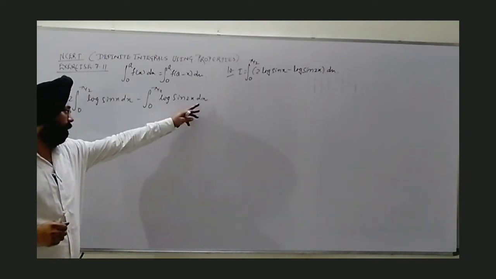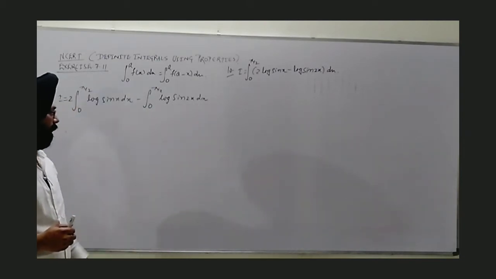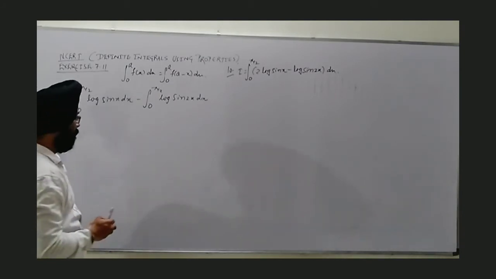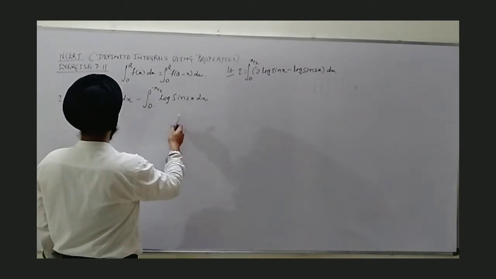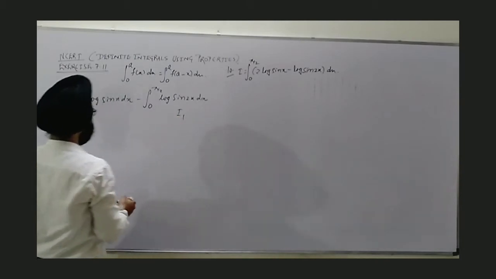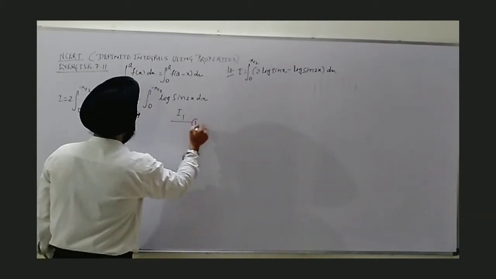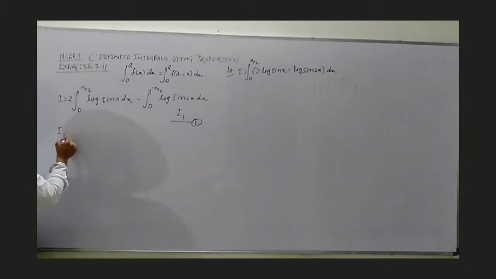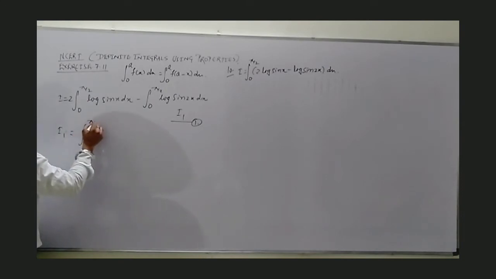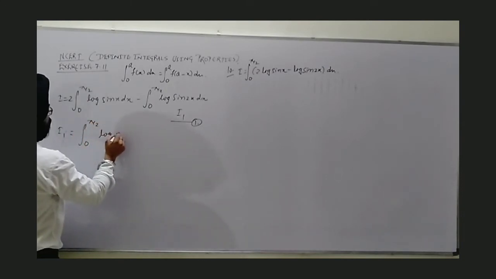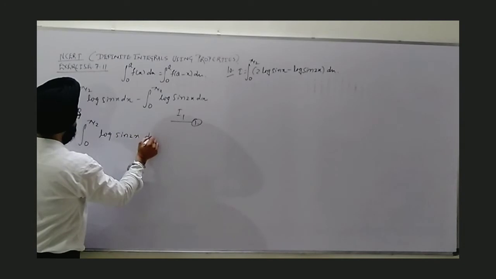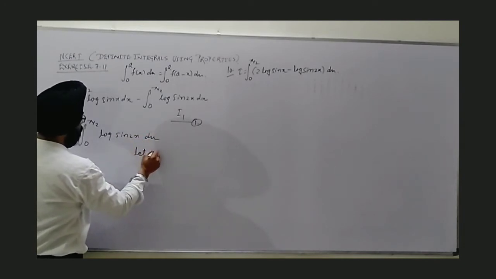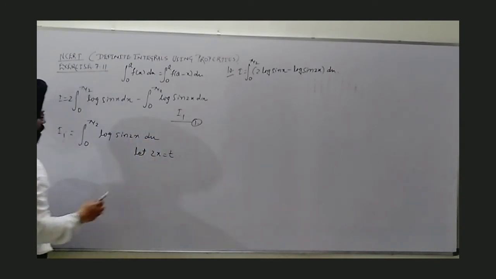Now first we will think of this log sin 2x dx. Considering it as I1, let it be 1. Now we'll think of I1, the integral from 0 to pi by 2 of log sin 2x dx, and for this 2x let us consider t, the substitution method.